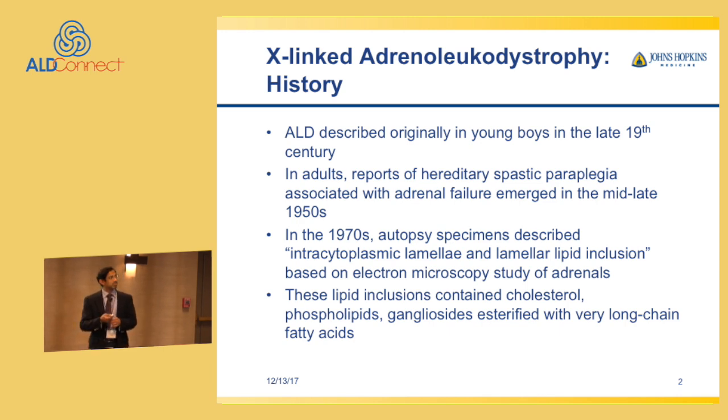It turns out that these lipid inclusions contain cholesterol, phospholipids, and gangliosides that were esterified with very long-chain fatty acids, and this all happened, I guess, about the time that I was probably born, but that eventually led to the development of the very long-chain fatty acid assay.